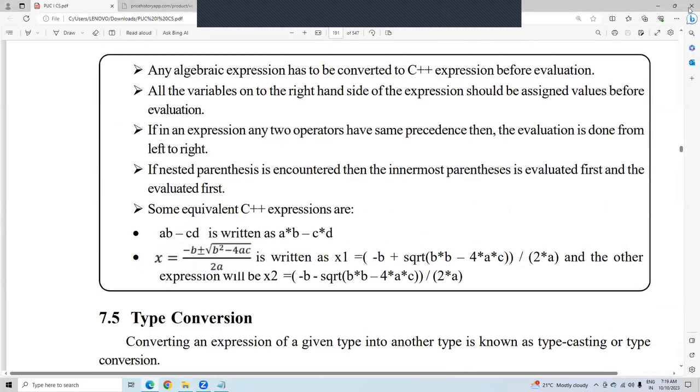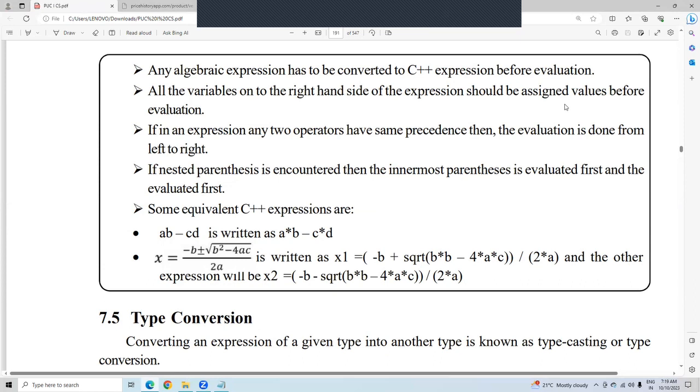Any algebraic expression has to be converted to a C++ expression before evaluation. All variables on the right hand side of the expression should be assigned values before the evaluation. If in an expression any two operands have the same precedence, then evaluation is done from left to right or based on the associative rules.